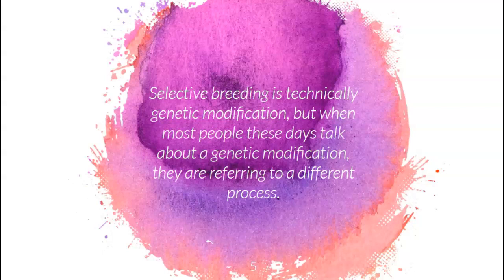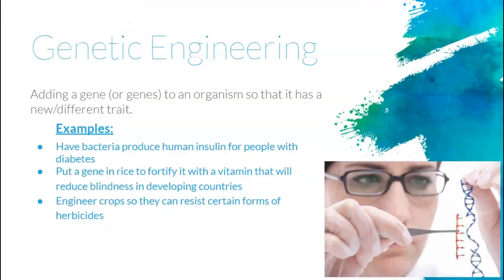Okay. So basically with genetic engineering, what you're doing is taking a gene that a thing doesn't have and adding it to that thing to give it some type of trait you want. This is not taking two nice wolves to have really nice wolf babies.